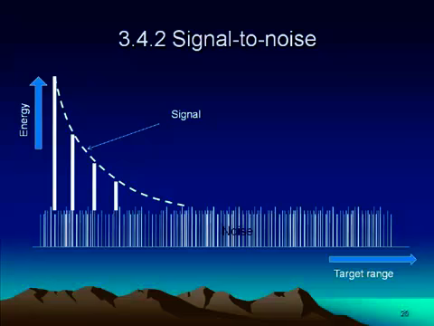So here we understood already that the received signal must be definitely higher than the noise floor of the receiver. In this diagram, you can see if the target is close by, the energy received will be very high and there will not be any ambiguity for the receiver between the signal and the noise.